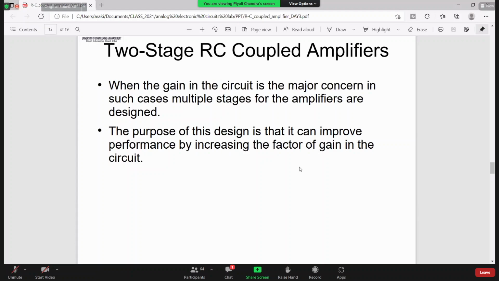When the gain in the circuit is a major concern, in such cases, multiple stages for the amplifier are designed. It is quite obvious that if you use one stage, there is a limit to how much you can amplify your signal. If you use two stages, that will obviously amplify more. The purpose of this design is that it can improve the performance by increasing the gain of the circuit.